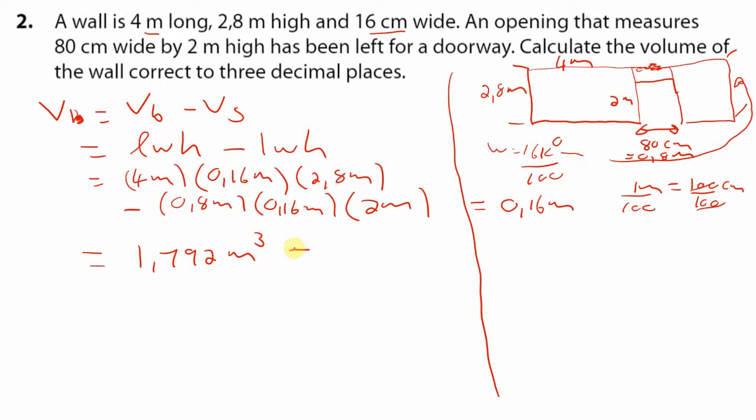We have to subtract the smaller one's volume, 0,8 times 0,16 times 2, which is 0,256 cube meter. So that we can now subtract from 1,792, and we end up with an answer of 1,536 cube meter to 3 decimal places.